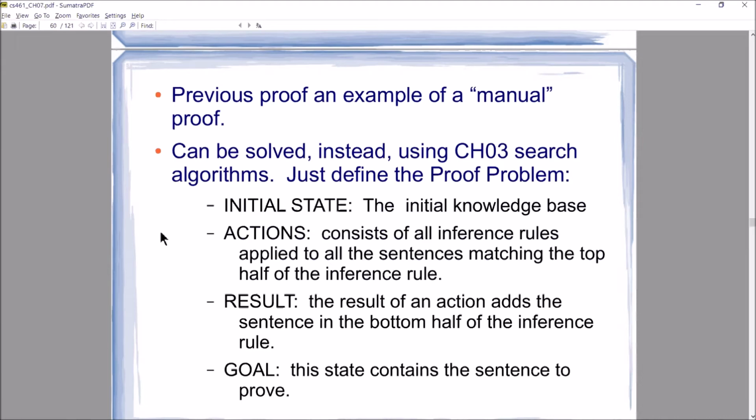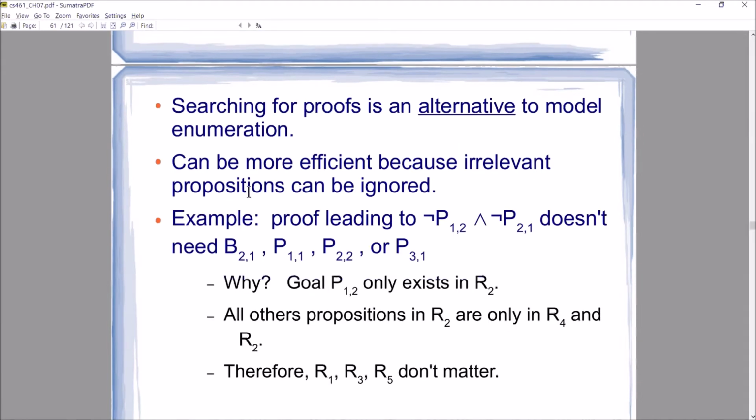The goal is the state which contains the sentence that you need to prove. So searching for proofs like this is an alternative. You don't have to enumerate models. You can set up your search problem and then run any of your search algorithms from chapter 3 to find your proof. You don't have to do model enumeration.